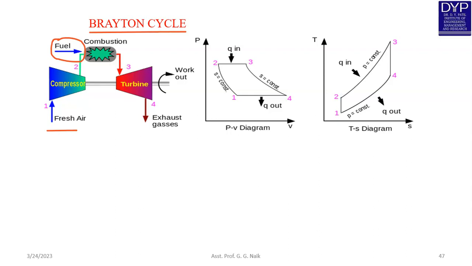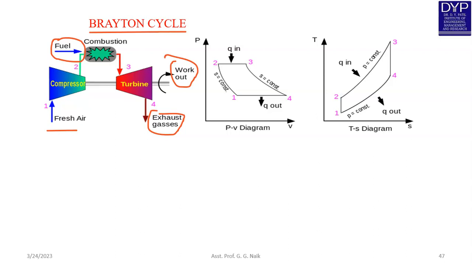After combustion, whatever exhaust gases are generated are supplied to this turbine, and this turbine gets rotated, and here we get the work output, and these exhaust gases come out of the turbine. So this is the simple open gas turbine.